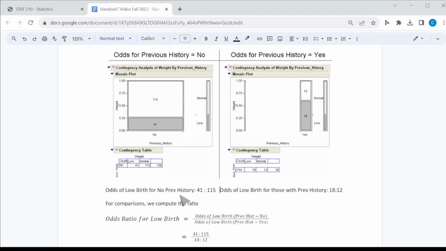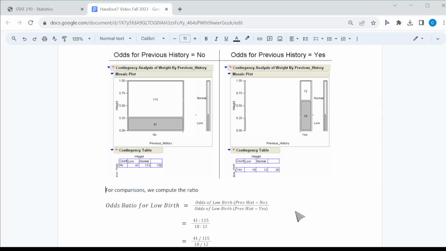Now, if we were to want to compare these odds against these odds, what we would do is compute an odds ratio. So that's what we have here in the notes. How are the odds ratios computed? Again, we're going odds ratio for low birth, so that means the 41 has to go first: 41:115, all divided by 18:12.